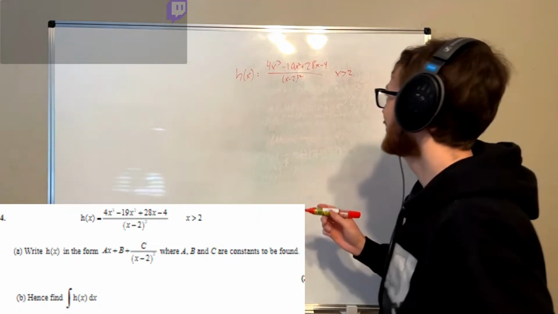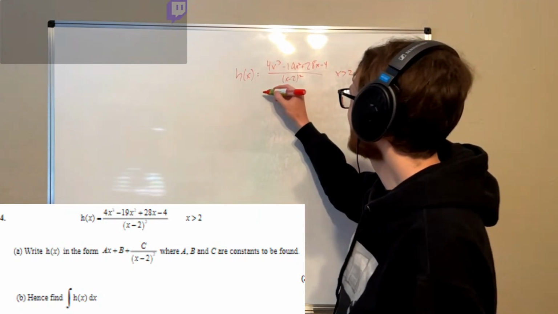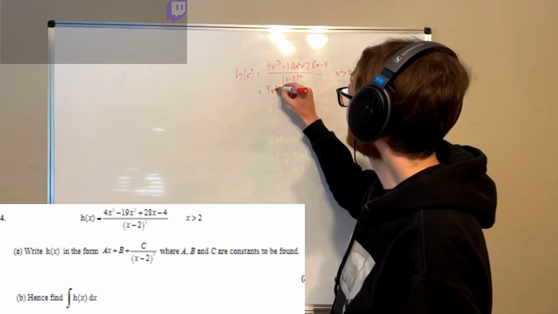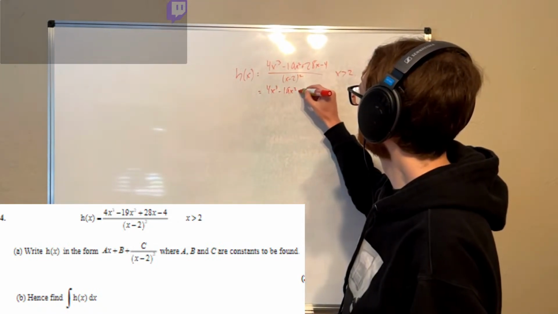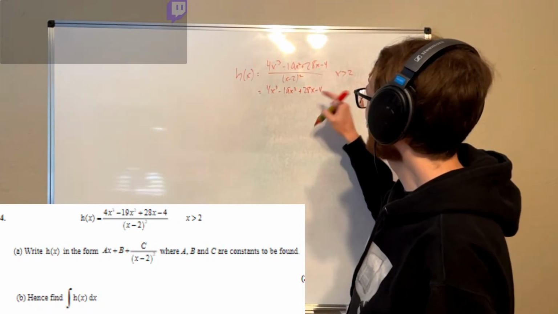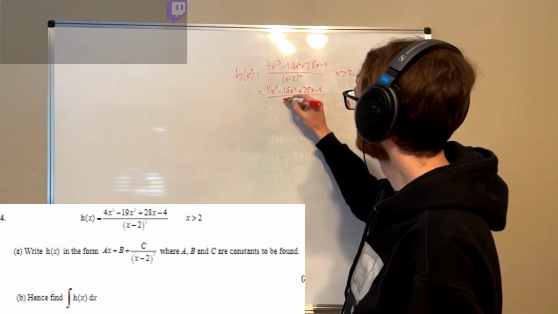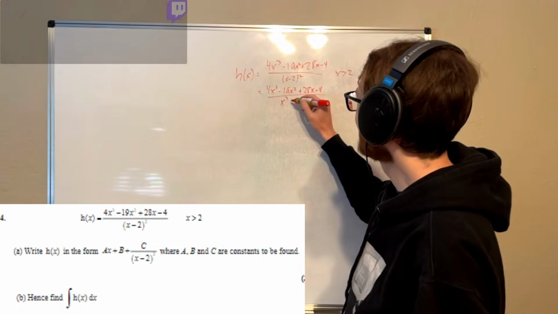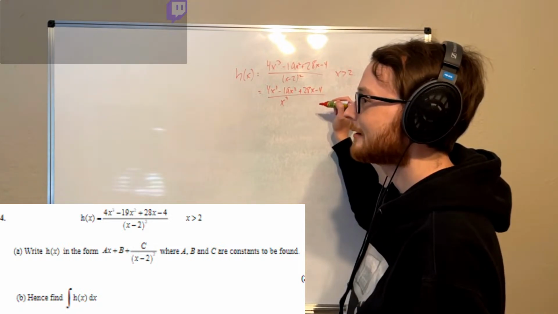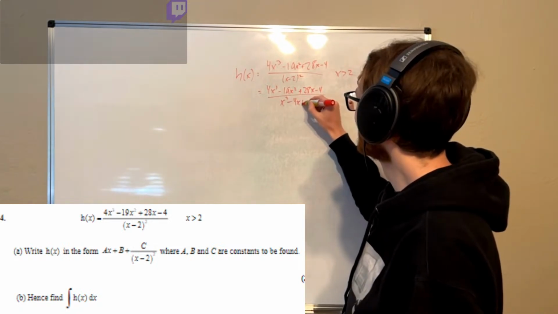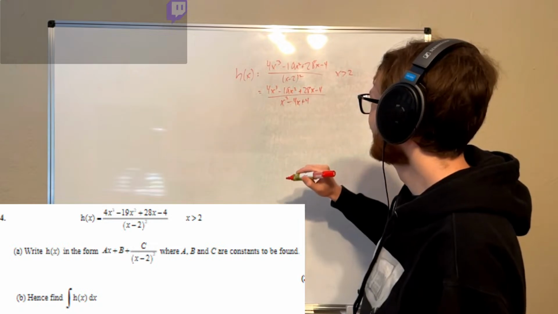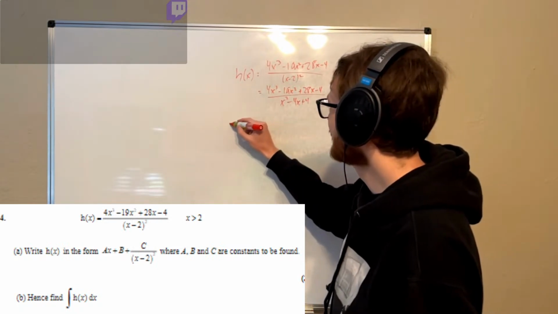Okay, so I'm going to expand out the bottom. This isn't factorable. No, that sure is not factorable. x squared minus 4x plus 4. Okay. Now I'm going to do long division.